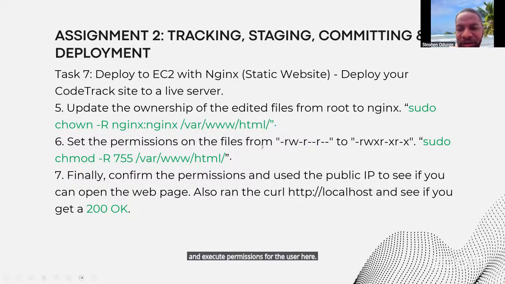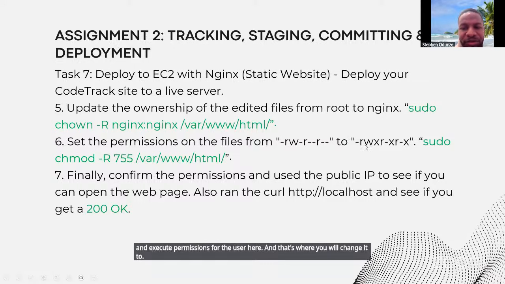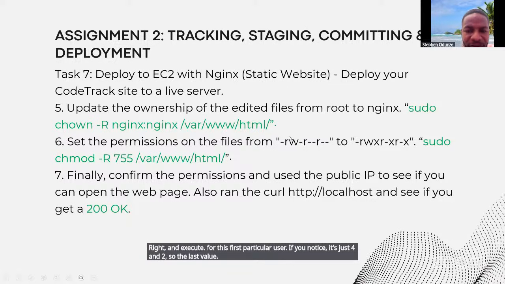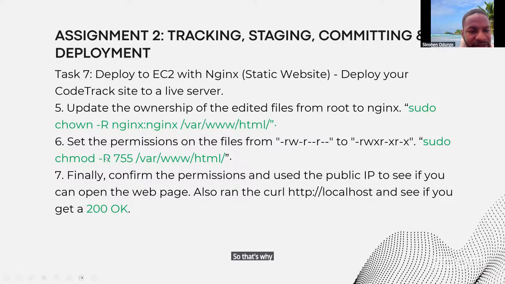And that's where you will change it to RWX, which is read, write, and execute. If you check the value 755, 7 means the summation of 4, 2, and 1, which means that you're going to be changing the read, write, and execute for this first particular user. If you notice, it's just 4 and 2, so the last value, 1, will sum it up to 7. That's why you now have 7, 5.